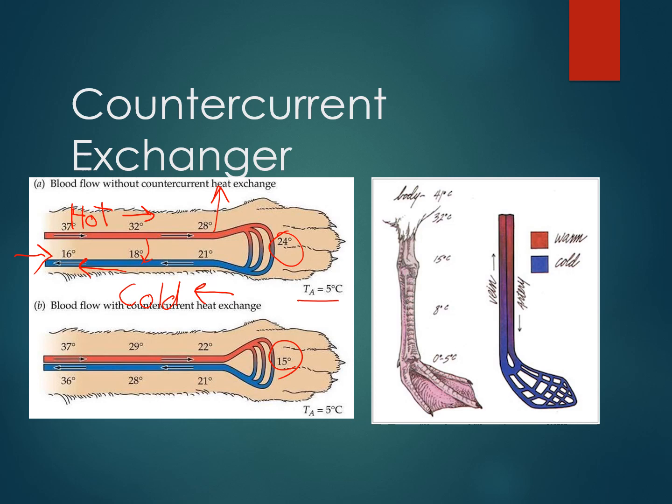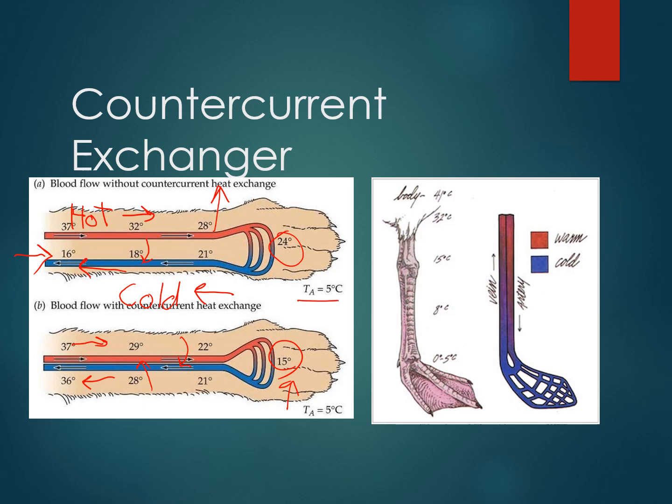But if we go where our arteries and veins are very close to each other, we're losing more heat as that blood flows to the extremities, but a lot of that heat gets directly put back in this return venous flow. So our extremities end up being colder, but we're losing less heat to the outside environment. And in these Arctic conditions, you really want to try and retain that body heat as well as you possibly can.